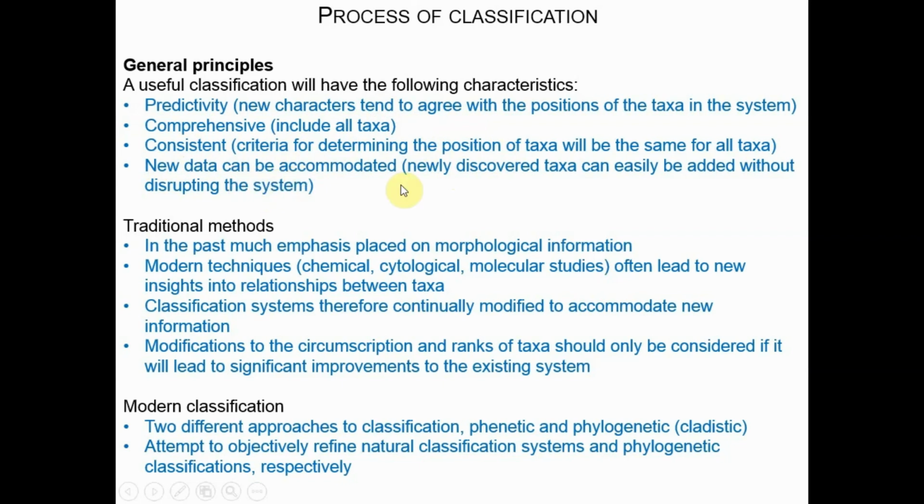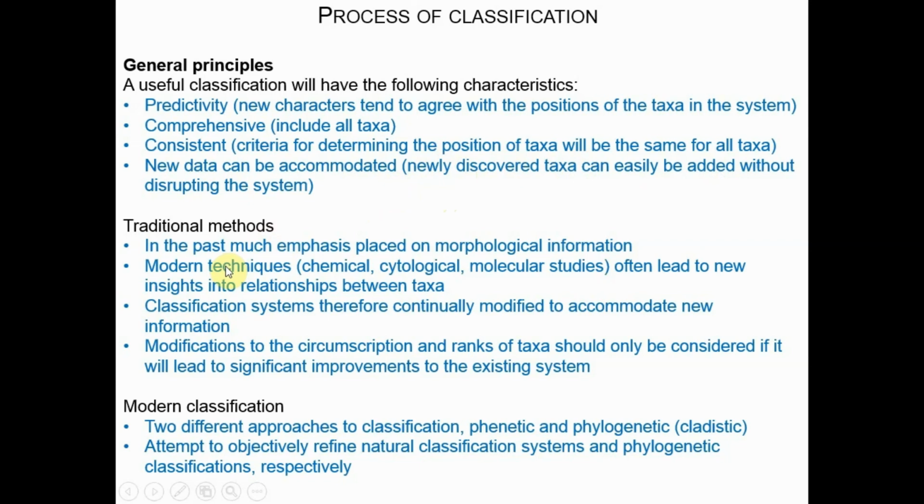New data can be accommodated. So if you discover new taxa, they can be easily added into the system without messing up the whole system. If new taxa are not easily accommodated into the system, then there is some problem with the classification.